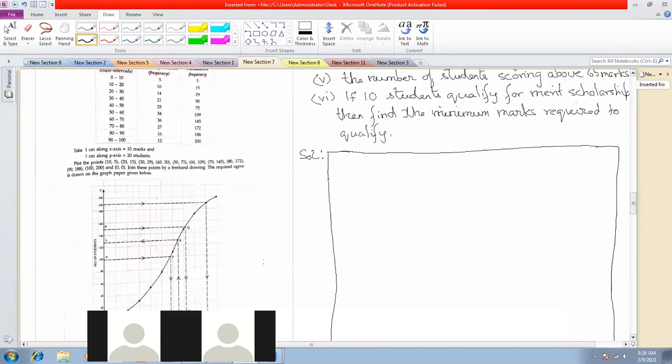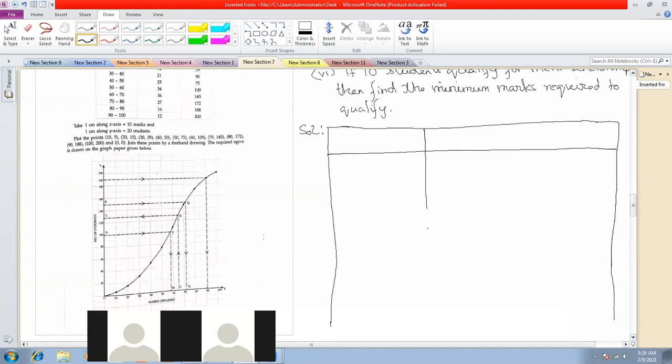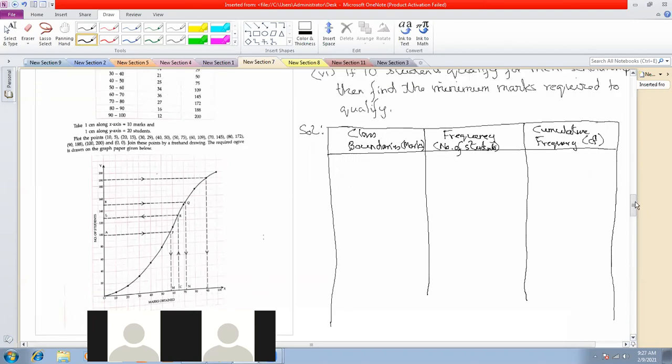And finally, the third column will be for your cumulative frequency, CF.